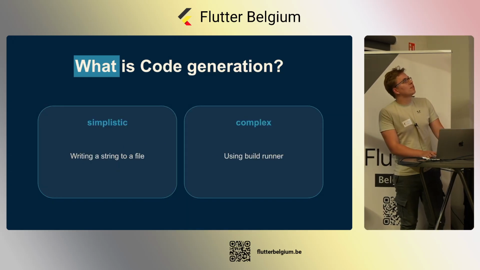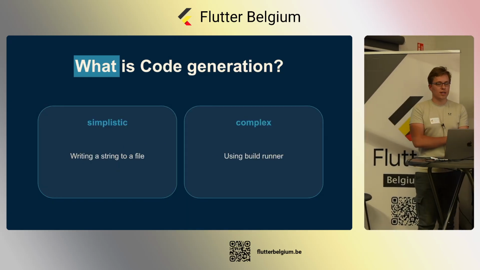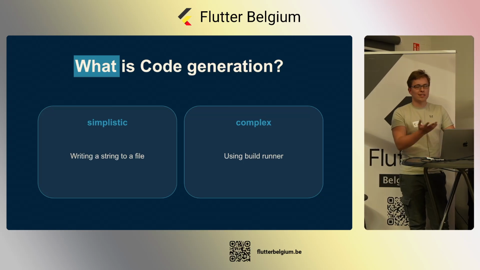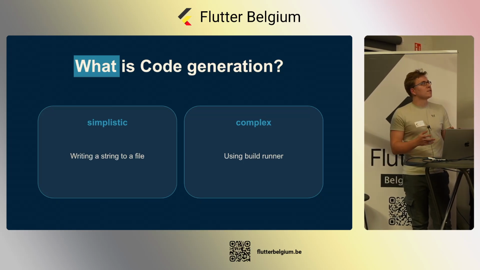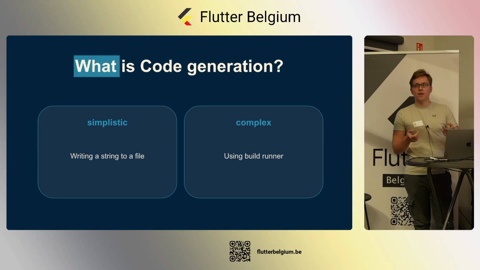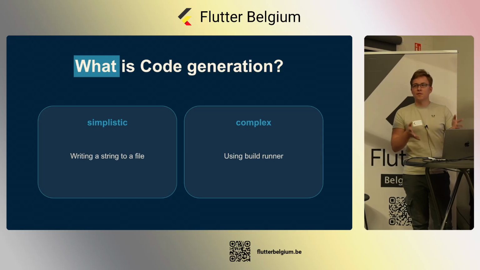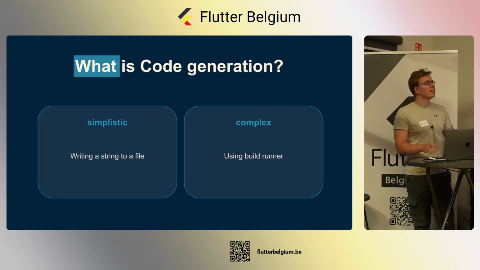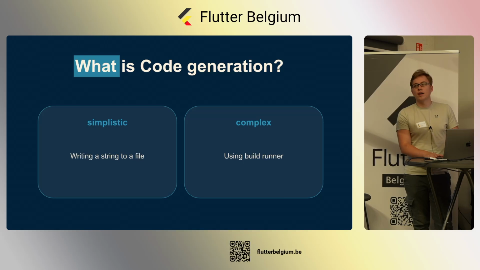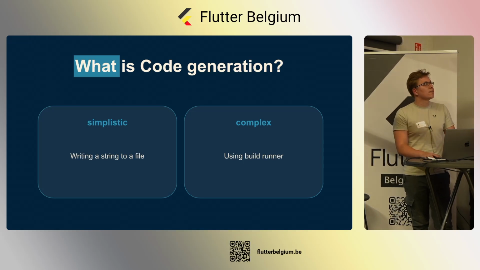So there's multiple ways to do code generation. Technically code generation is just like in the name, you generate a piece of code. So just writing a string to a file. If you write a class to a file, then you did code generation, which is the most simple form, which is very useful if you want to do simple automations. The first two packages that I'm going to talk about later are just the simplistic form.